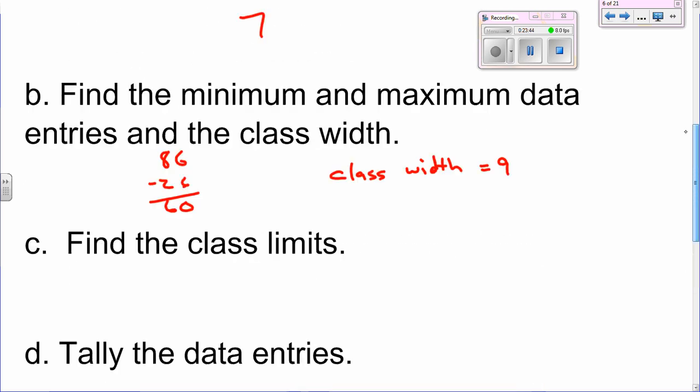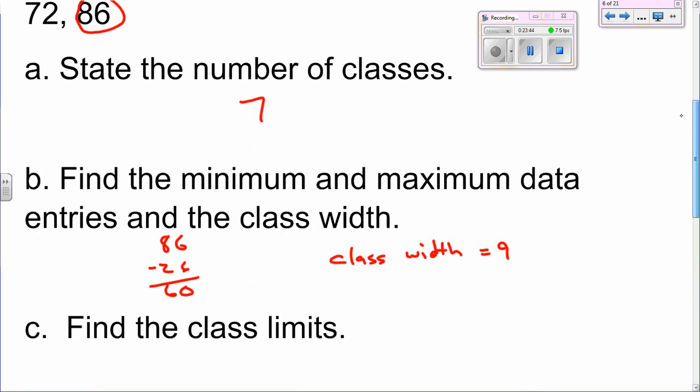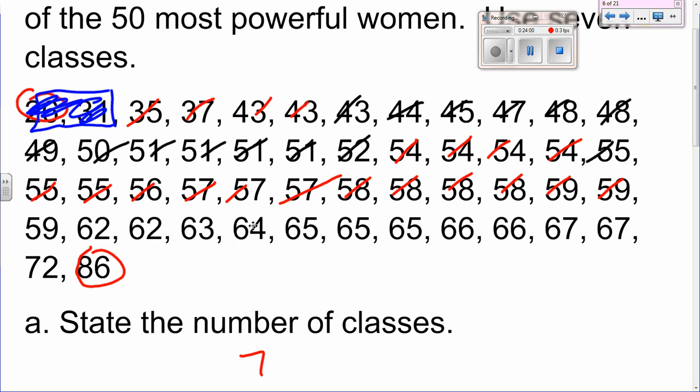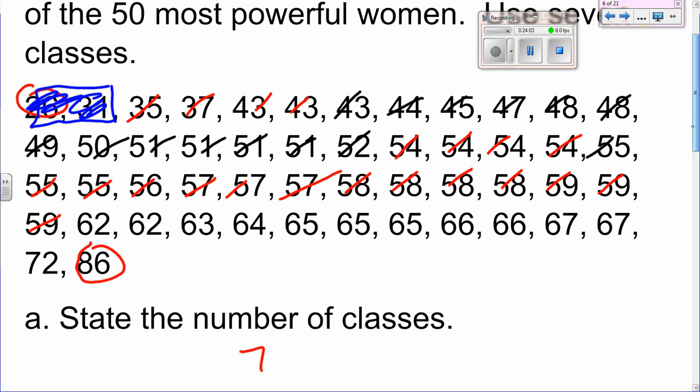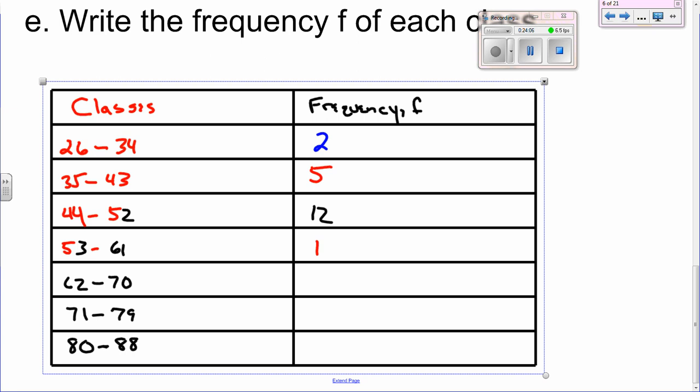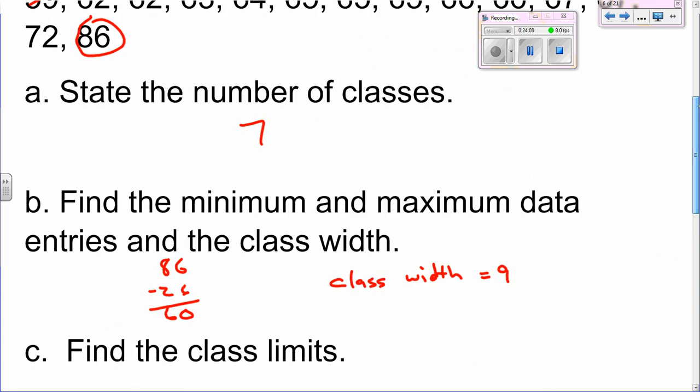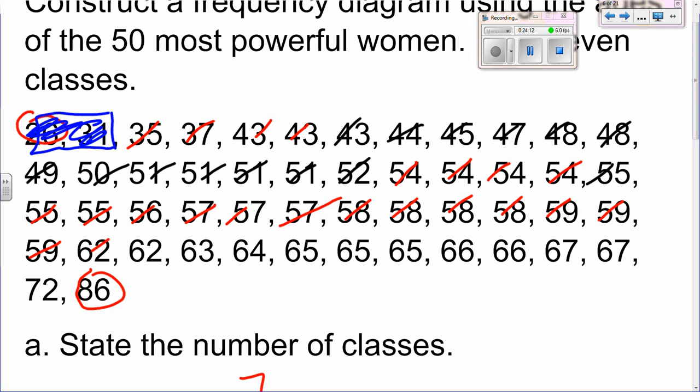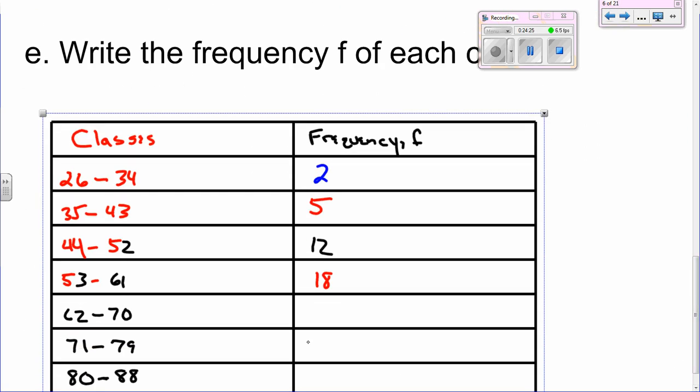53 to 61: 2, 3, 4, 5, 6, 7, 8, 9, 10, 11, 12, 13, 14, 15, 16, 17, 18. 62 to 70: 1, 2, 3, 4, 5, 6, 7, 8, 9, 10, 11. 71 to 79.